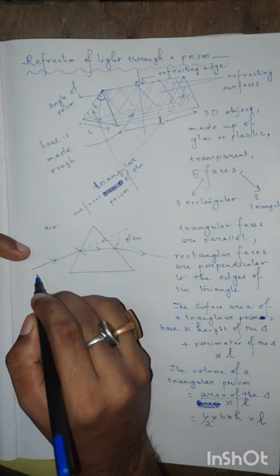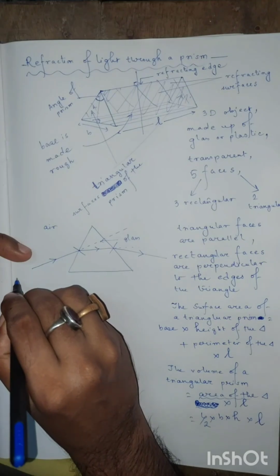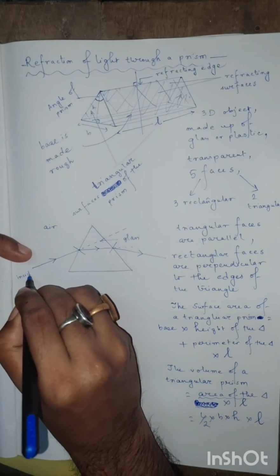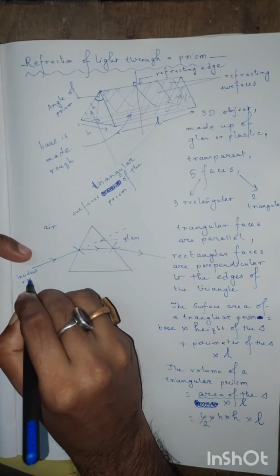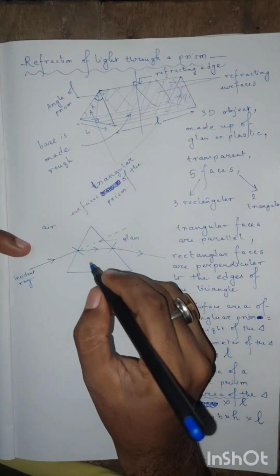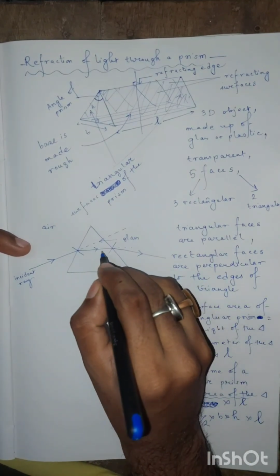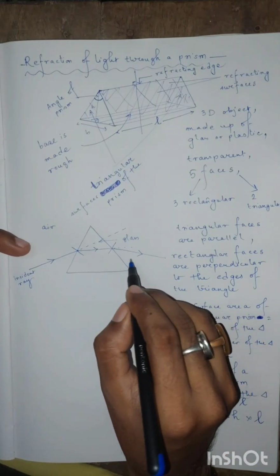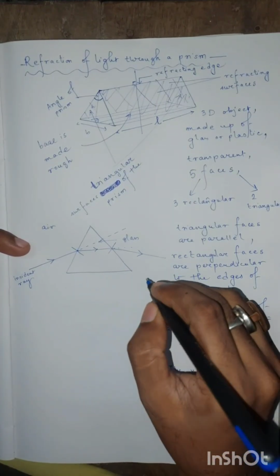This is called the incident ray. This is our refracted ray, and this is our emergent ray.